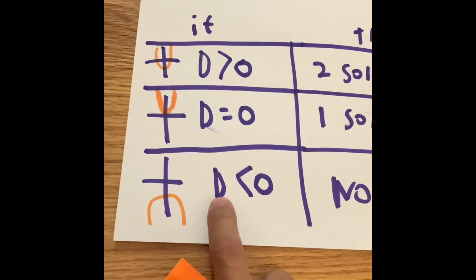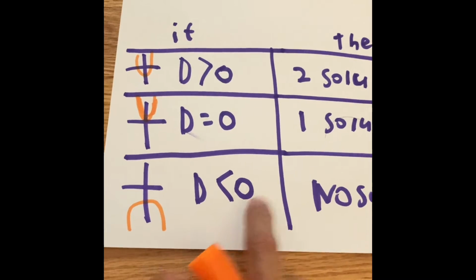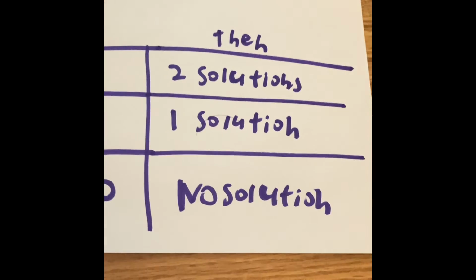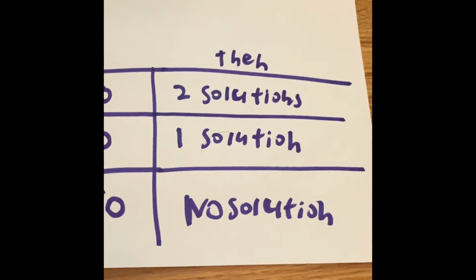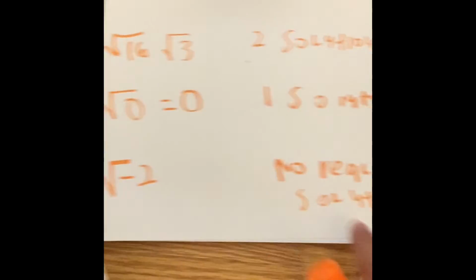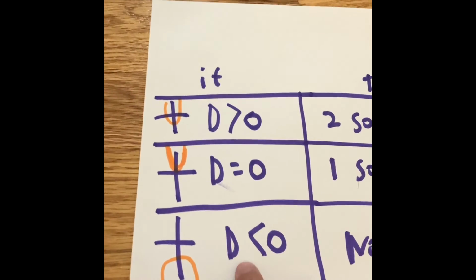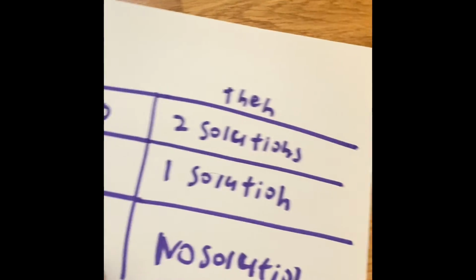And finally, if your answer is less than 0, that gives you no solution. Because, as we said earlier in this video, right now you can't have a negative square root. So if D is a negative number, less than 0, there is no solution.